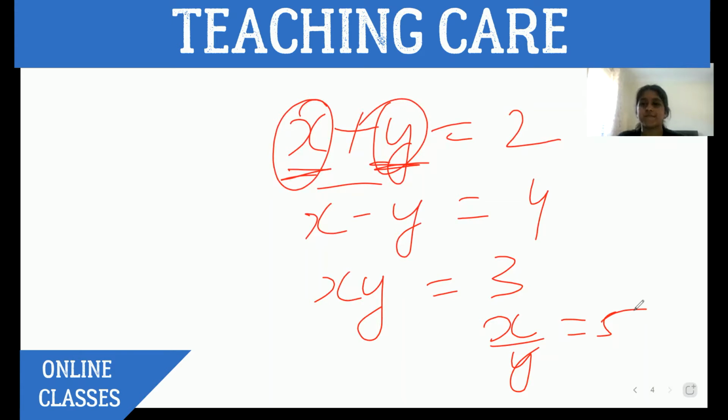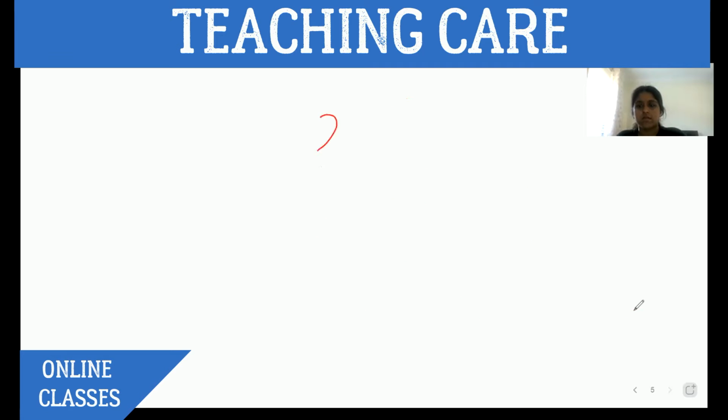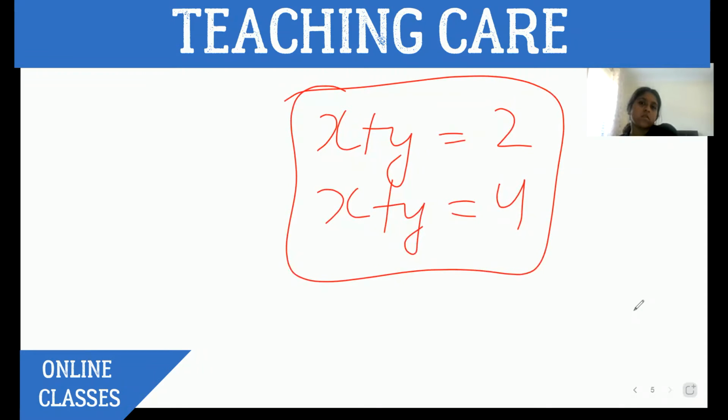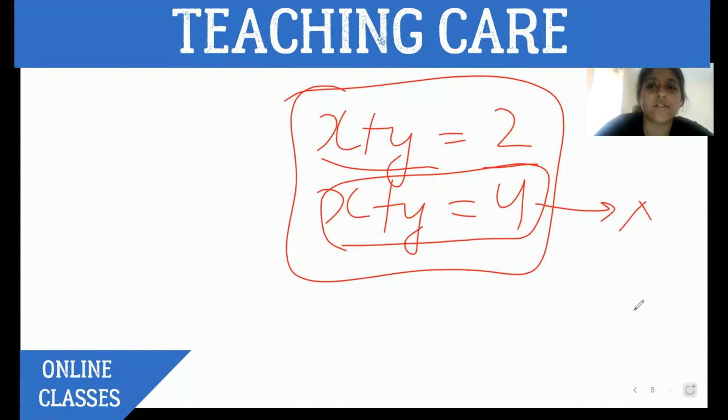If I give you x plus y is equal to 2 and x plus y is equal to 4, is it possible to use these two equations and solve them? No, because if x plus y is equal to 2, then it cannot be equal to 4. This equation by itself is wrong for this question. So that means two operations between these two variables are required.